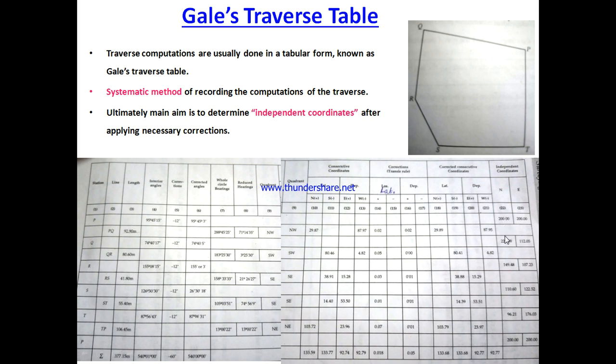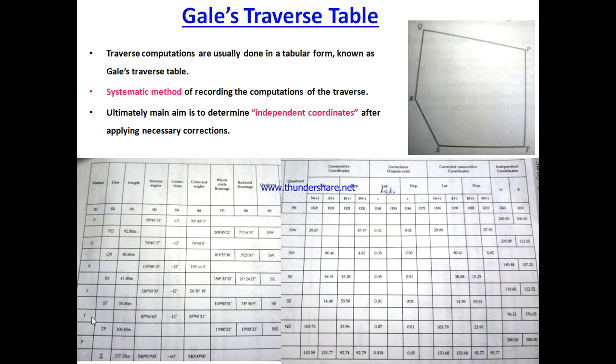You need to deduct 80.41 from 229.89 and you need to deduct 4.82 from 112.05 and you will get this value. Whatever coordinates you are getting, you just need to deduct the corrected value from the previous coordinates to get the next coordinate.